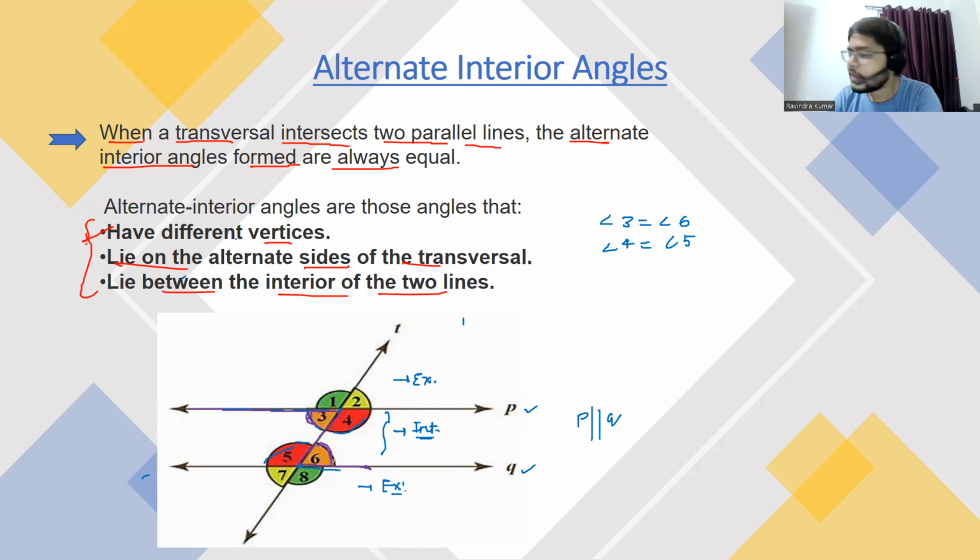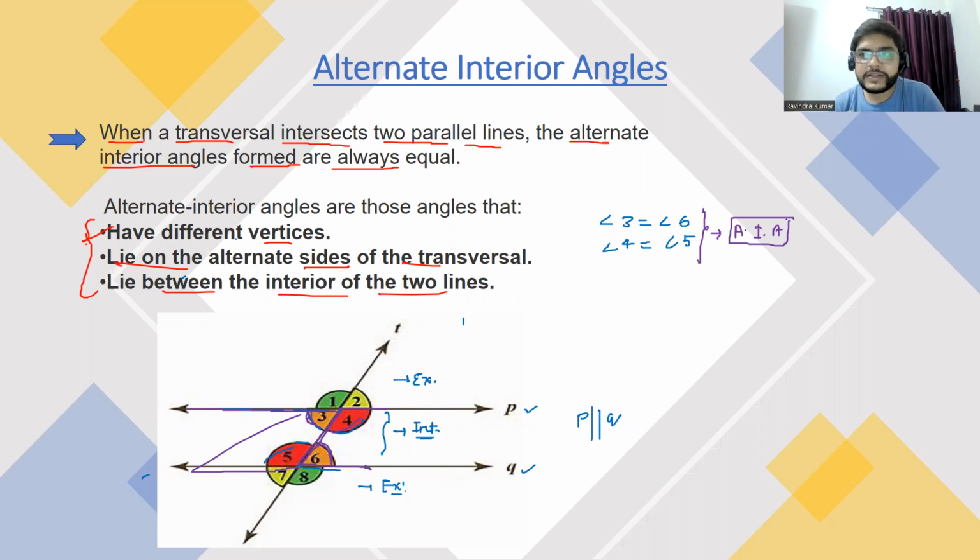So angle 3 will be equal to angle 6. And when we try to form Z from this side, it will be formed like this, right? So this will be equal to this. So angle 4 is equal to angle 5. What is the reason? Alternate interior angles. This is the reason. Great.